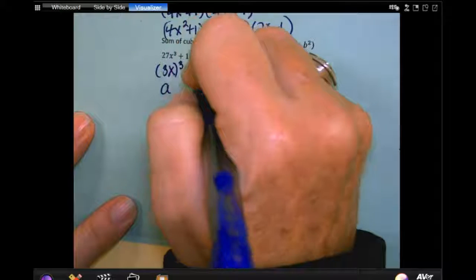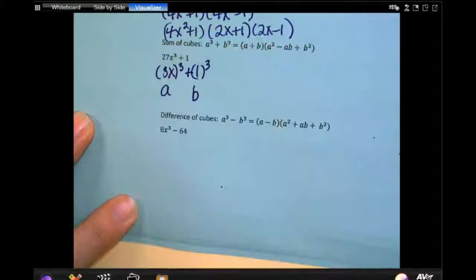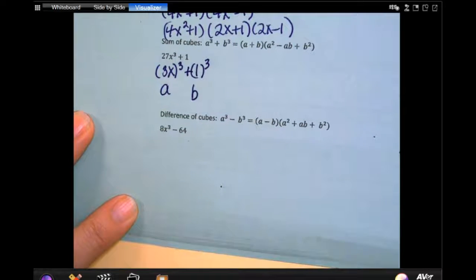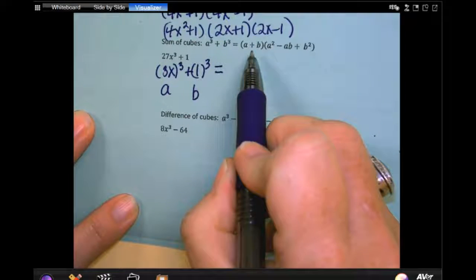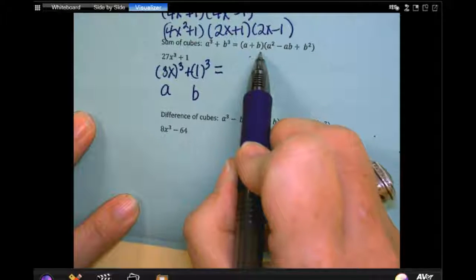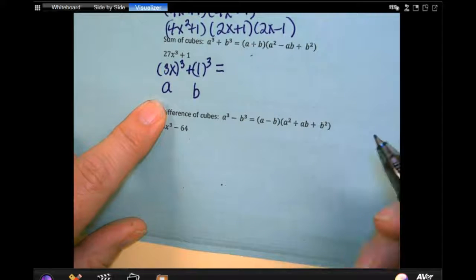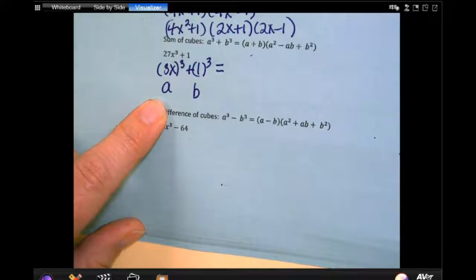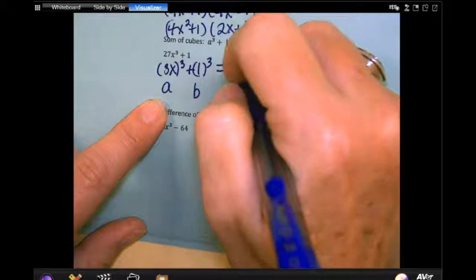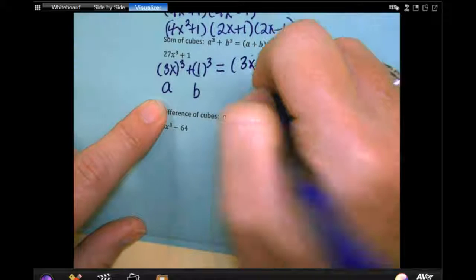And 1 cubed is 1, so that's my b. So now I'm following the formula, a plus b. Well, what's my a? It's just the 3x, not the cubed, just the 3x. So I'm going to get 3x plus 1.